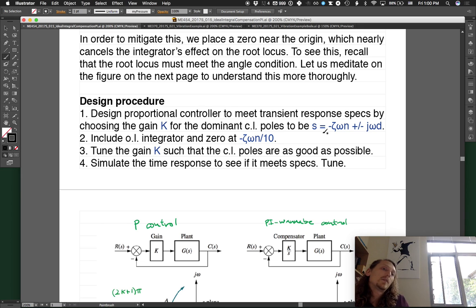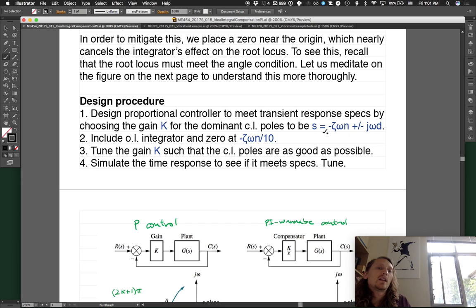Now, step 2, include an open loop integrator and 0. So the integrator always goes at the origin, so it's at s equals 0. And then a 0 at negative zeta omega n divided by 10. So essentially, we're trying to pick a number. Now, this 10 is not completely arbitrary. It's a rough guideline.